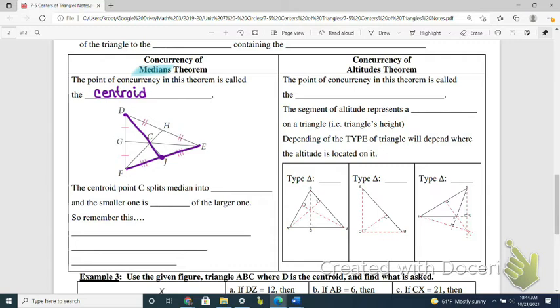The centroid point C splits the median into two segments, and the smaller one is half of the larger one. So what does this mean? The smaller one plus the larger one equals the whole line.